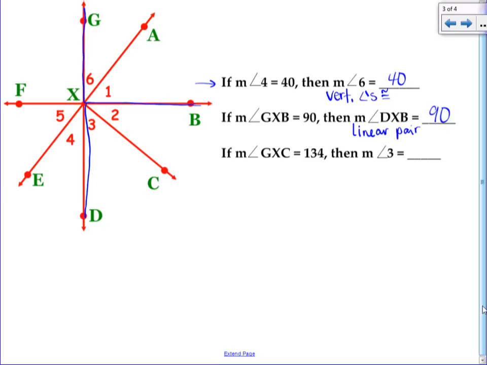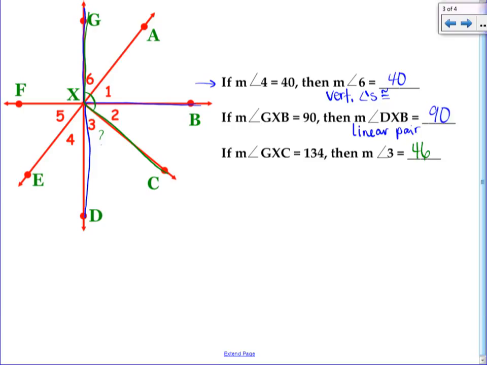All right, and the last one, GXC. So G to X to C, this angle right here is 134 degrees. So then they want to know how big is this angle. Yes. Okay. And how did you get that?